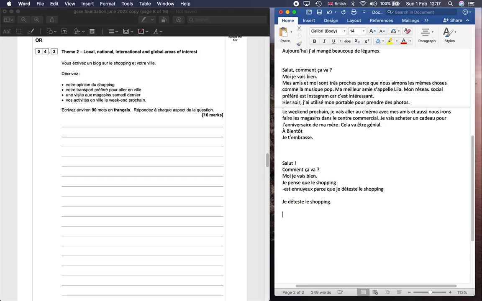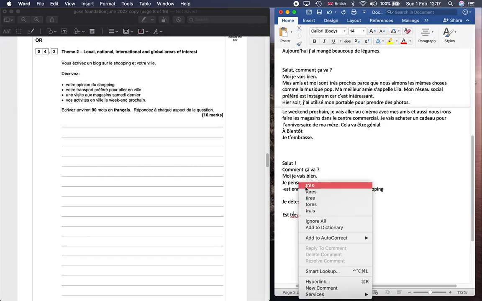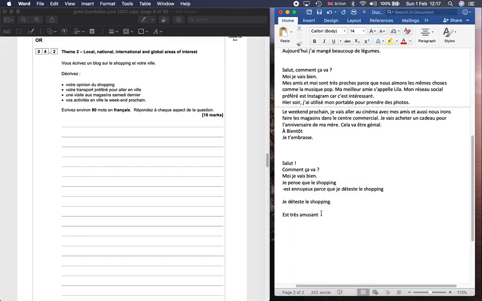And some of us, we like shopping. Je pense que le shopping est très amusant. Parce que, we can say parce que j'aime acheter. I like to buy.